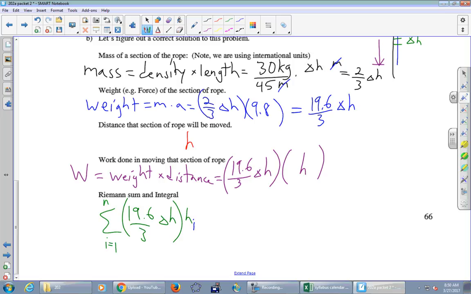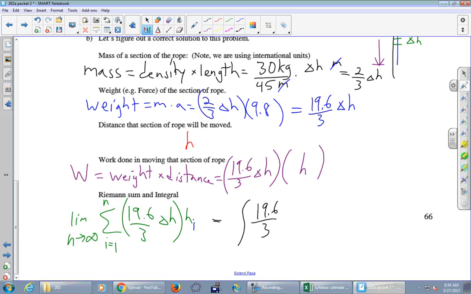And this is using n slices, but we want how many slices really? Infinitely many, right? Limit as n goes to infinity. And then we write this as an integral. So we've got our big old formula in here, 19.6 over 3.